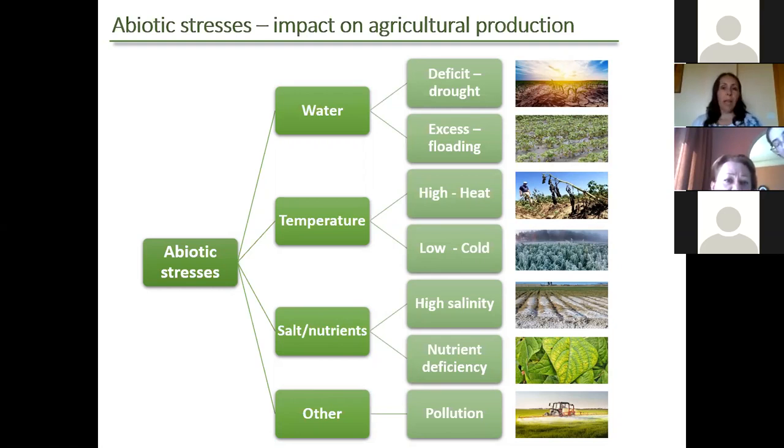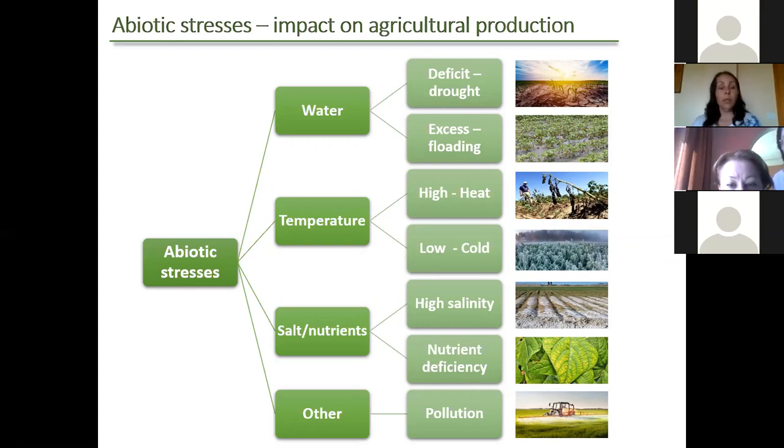In some soils, we have higher accumulation of salt, and in this case, we will have salinized soils, which will be a problem for the cultures, and also nutrient deficiency. This nutrient deficiency in soils is often compensated by the application of chemical fertilizers. Other kinds of abiotic stresses are those related to the contamination of the soils, most of the time related to the accumulation of metals, pesticides, hydrocarbons, among others.